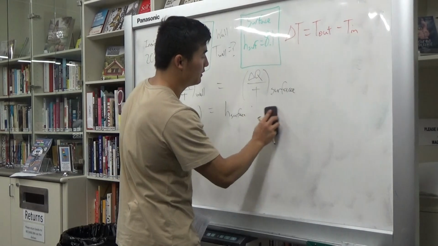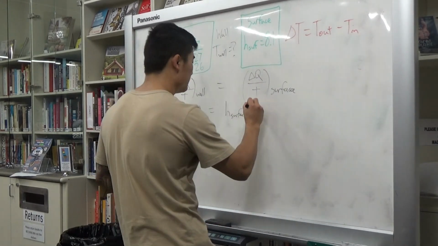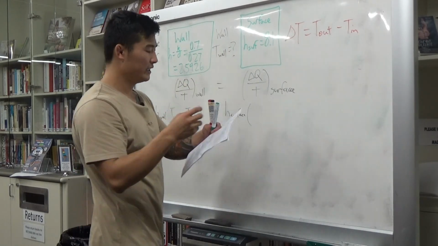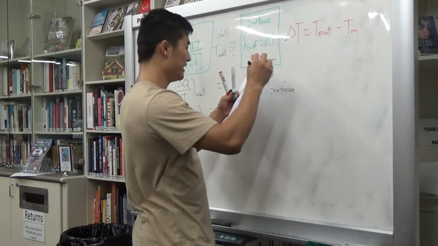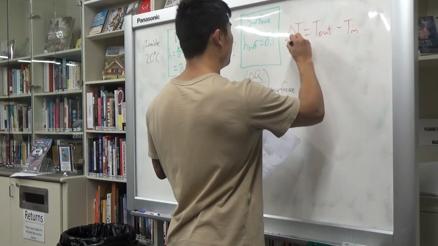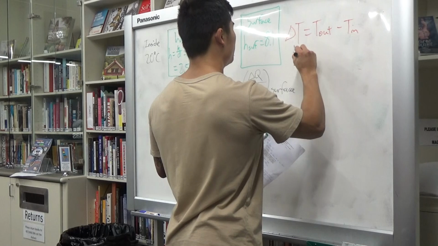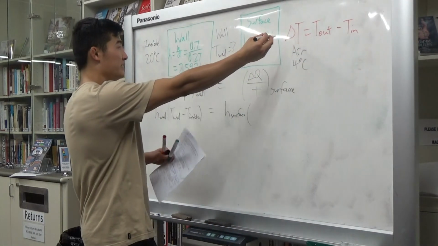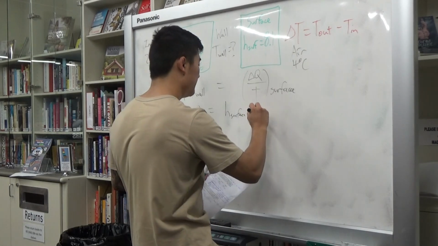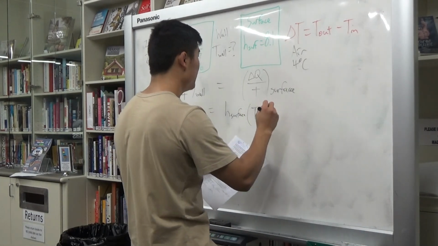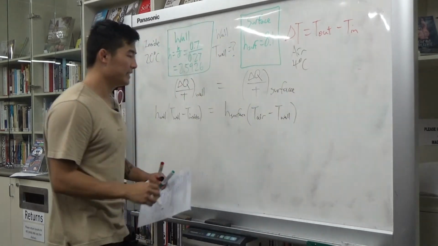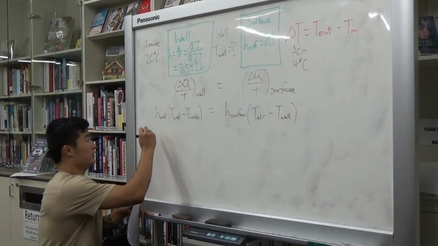For the surface, the air temperature on the outside was 4 degrees. So air temperature was 4 degrees Celsius. So the outside of the surface will be T air minus T wall, which is on the inside of the surface layer.